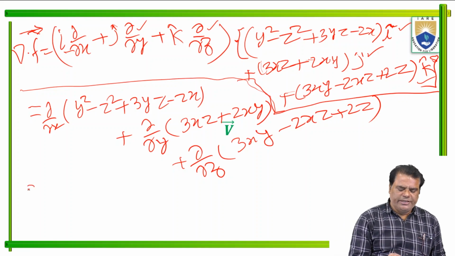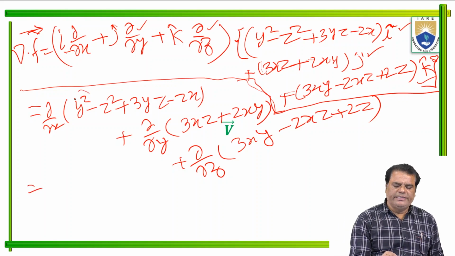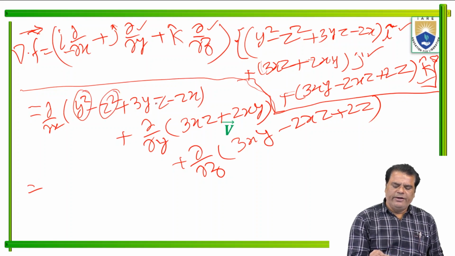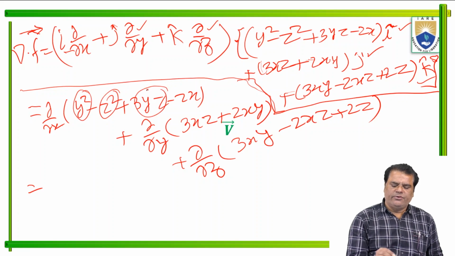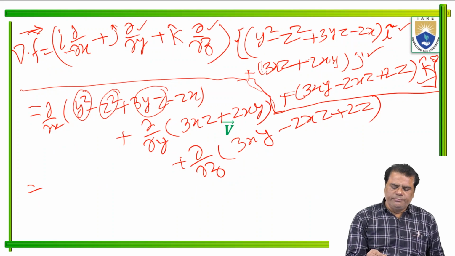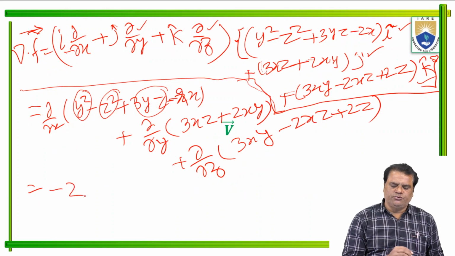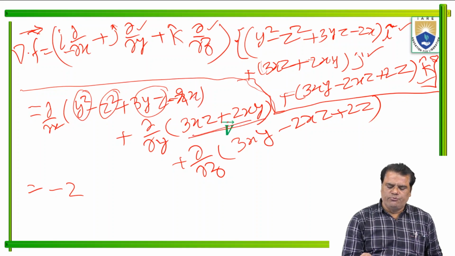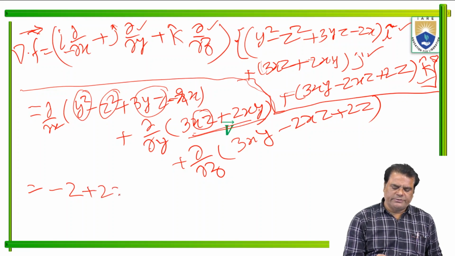Now differentiating with respect to x, y is constant, z squared is constant, and yz is constant. Only this is minus 2x, so here it is only minus 2. Differentiating with respect to y, x and z are constant and the derivative of y is 1, so plus 2x.